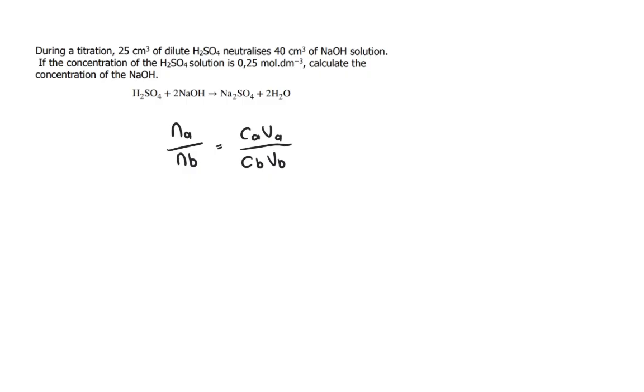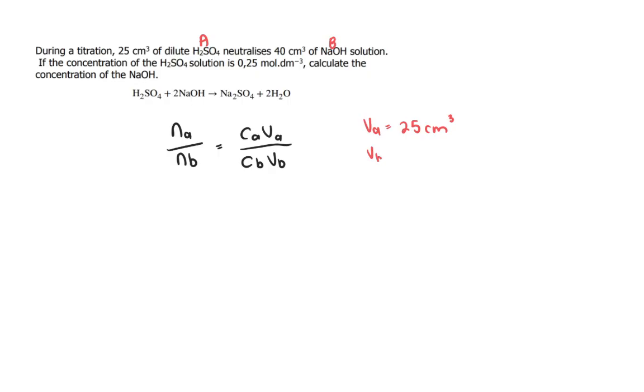So it says that during a titration, 25 cubic centimeters of dilute sulfuric acid. So remember, again, you need to know what are your common acids and bases. So you need to know this one over here is an acid. So they give you the volume of your acid, which is 25 cubic centimeters, and it neutralizes it with my sodium hydroxide, which is a base.